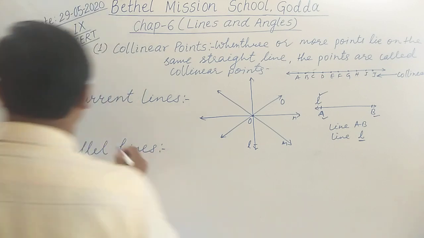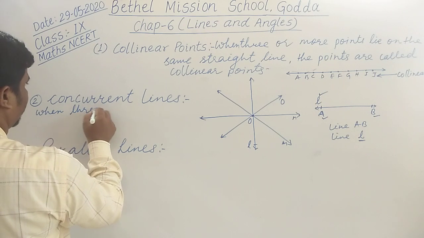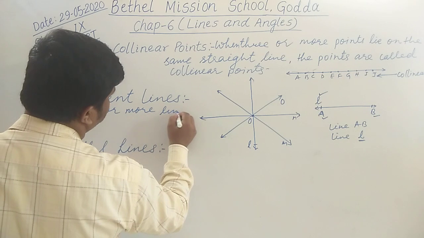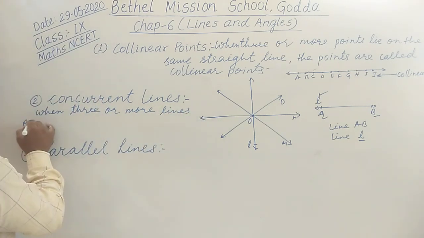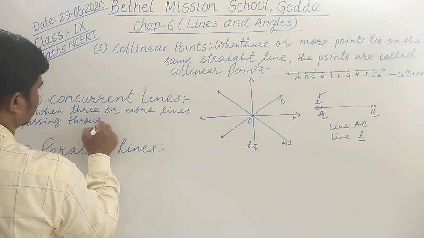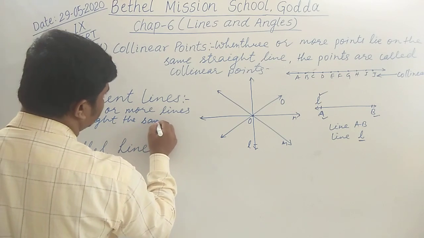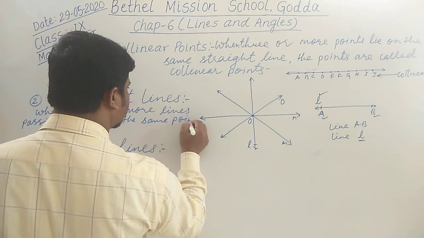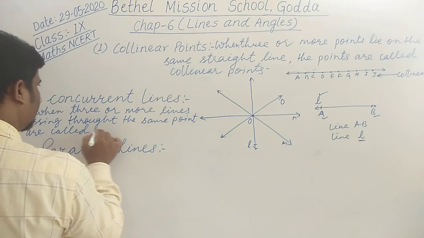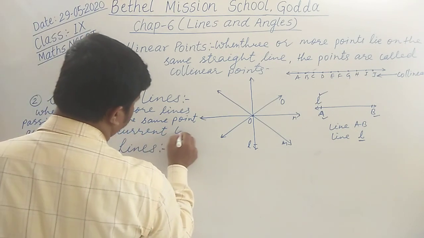So you see the definition. When 3 or more lines passing through the same point are called concurrent lines.